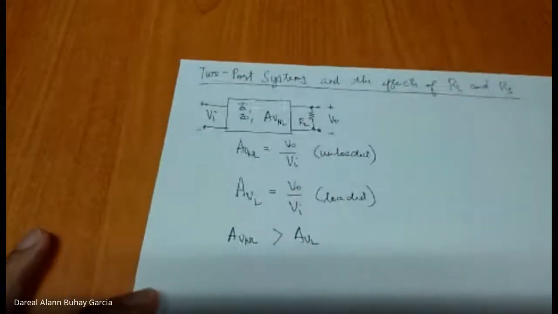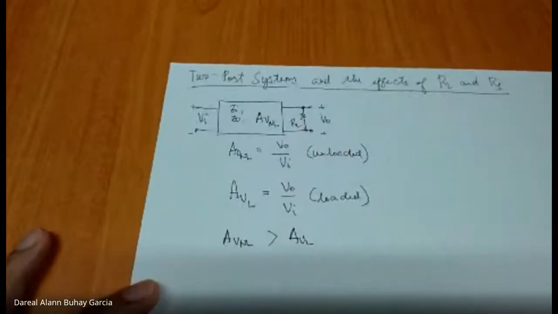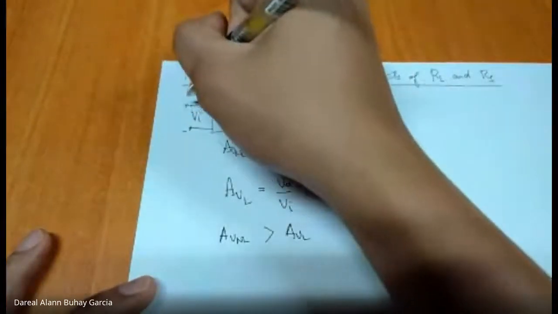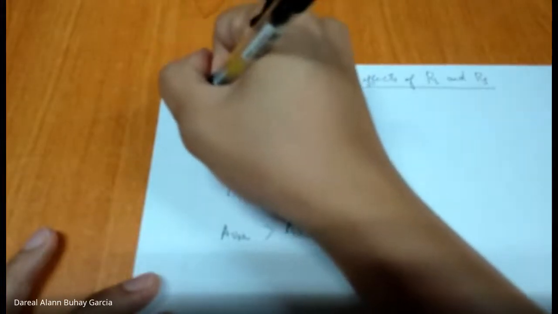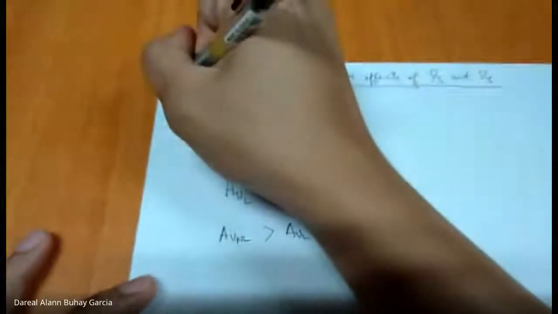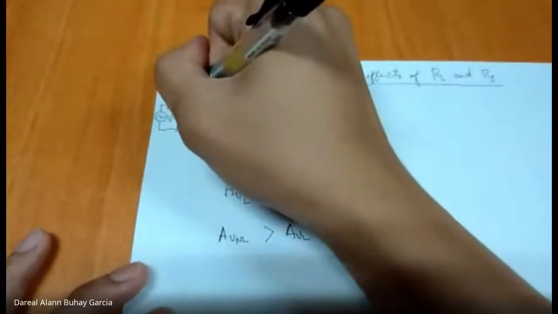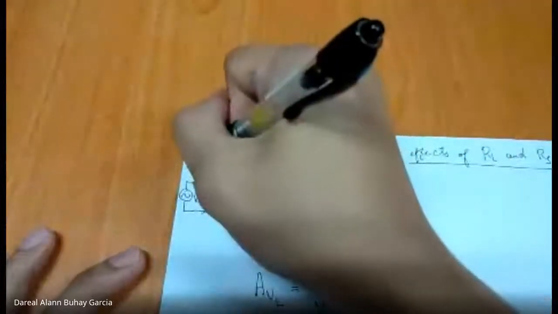Now if we add the signal source, we connect the source here: the source resistor and the signal source. The signal source will be denoted as Vs and our source resistance is Rs.